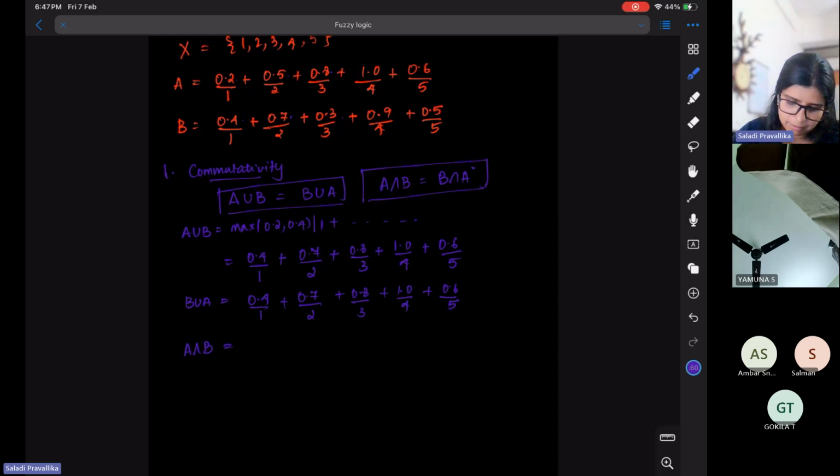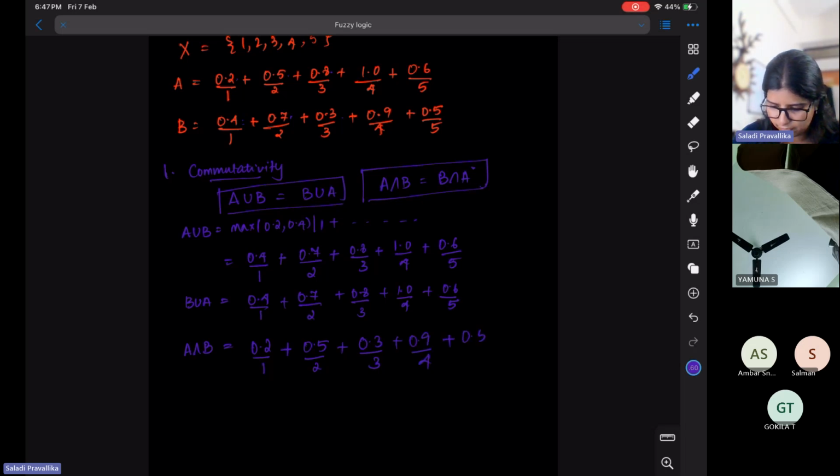So between A and B, 0.2 and 0.4, the minimum value is 0.2, right? 0.2 for 1 plus 0.5 for 2 plus 0.3 for 3 plus 0.9 for 4 plus 0.5 for 5.